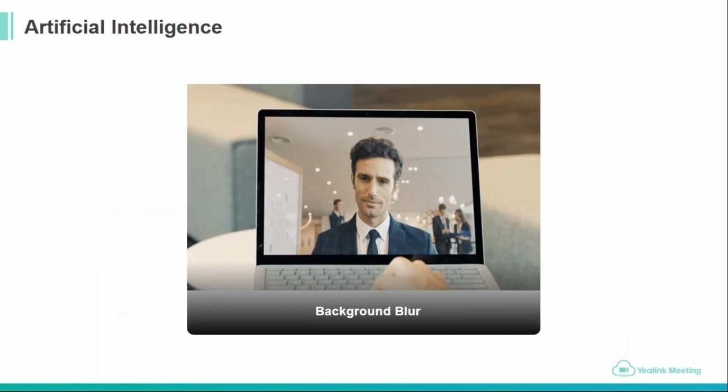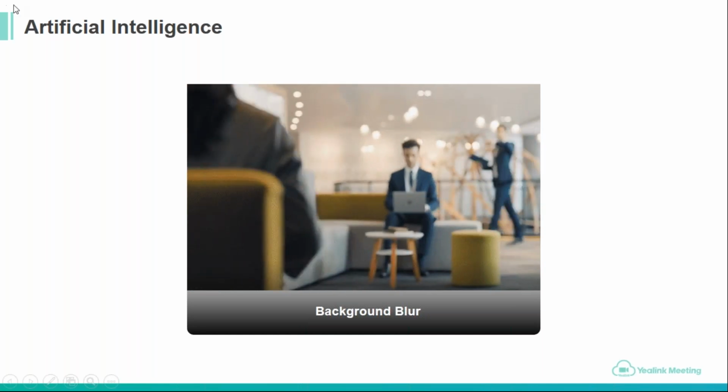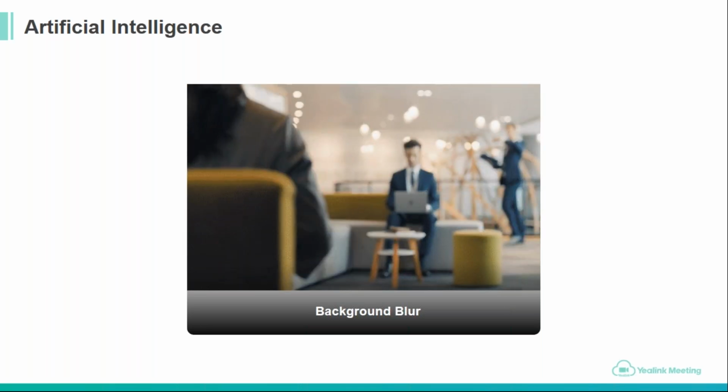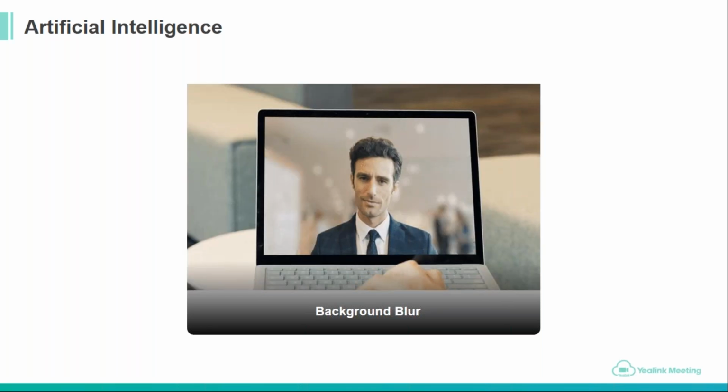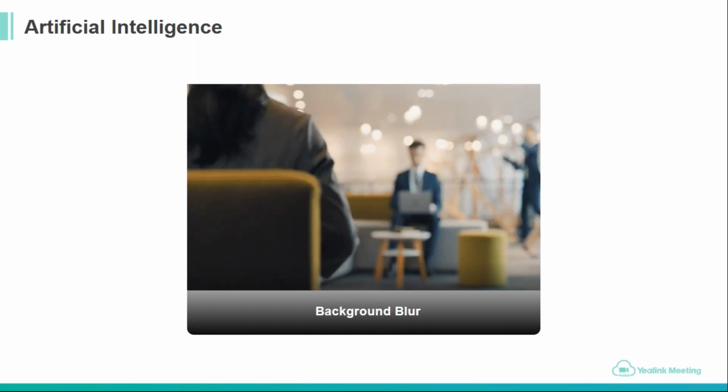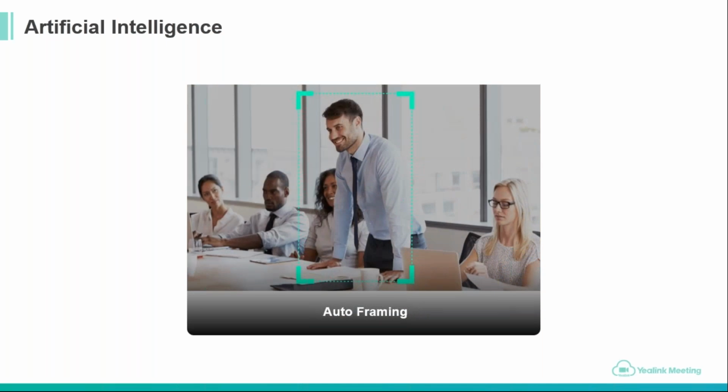Together with room devices, Yealink Meeting supports these AI features to improve the meeting experience. Background blur, so only the person's image will be displayed clearly. This feature makes it comfortable to have a video meeting in some private space. Auto framing: the camera will automatically zoom in or zoom out according to how many people are in the meeting room.